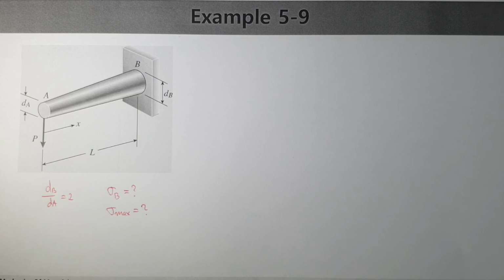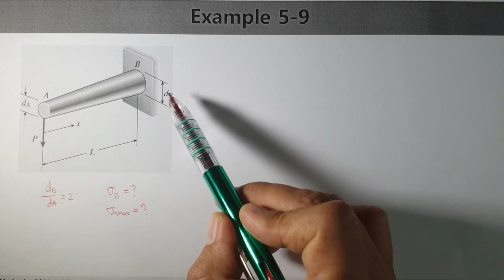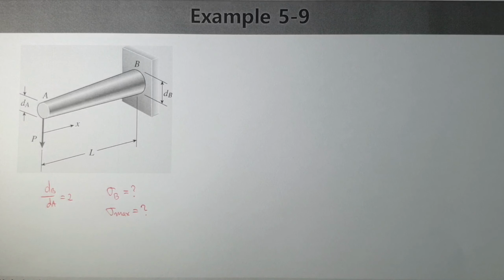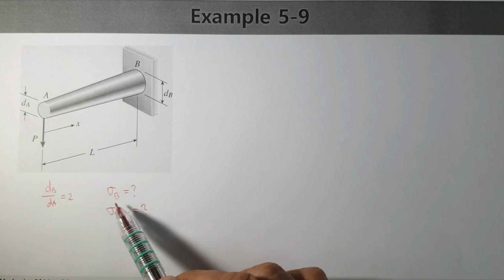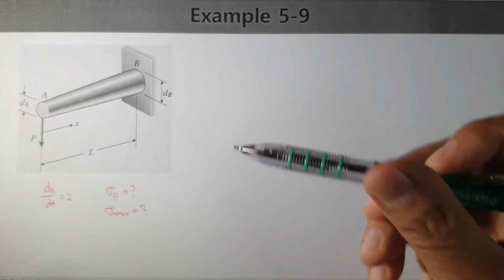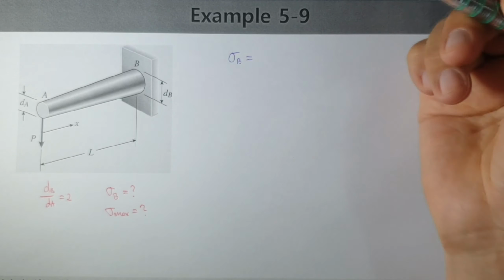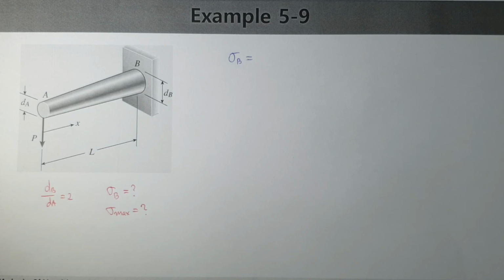Okay. We have this kind of condition. Diameter dB is 2dA. At first, let's calculate sigma B, the stress at B. Sigma is calculated by the maximum bending moment divided by the section modulus.